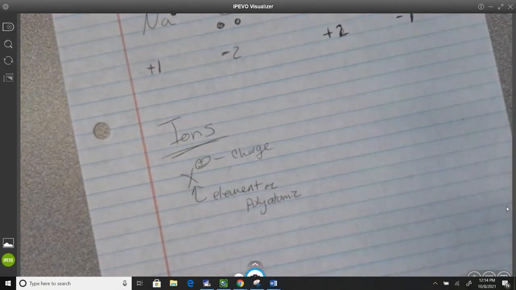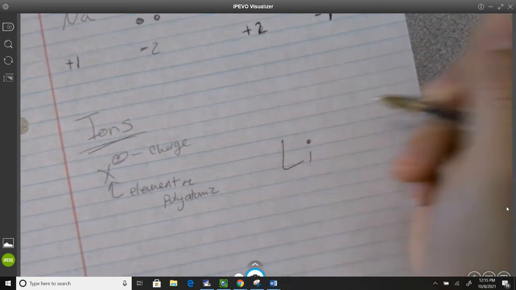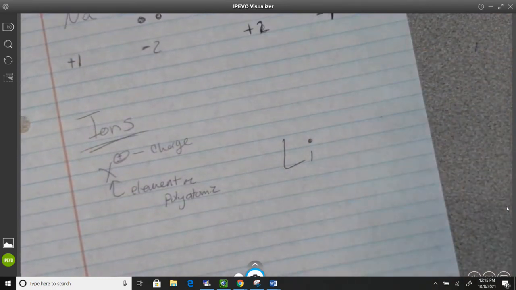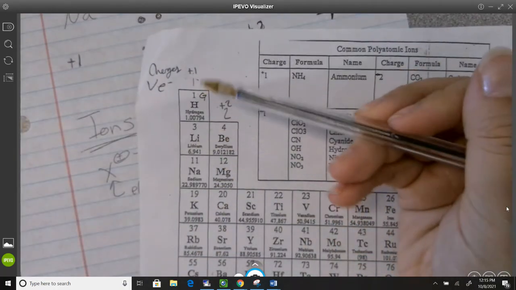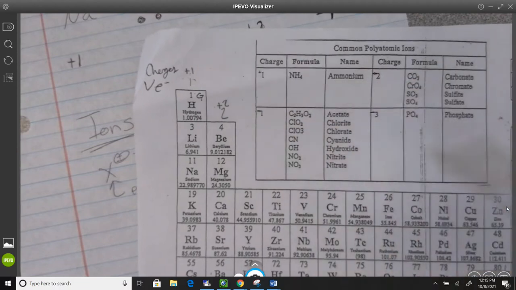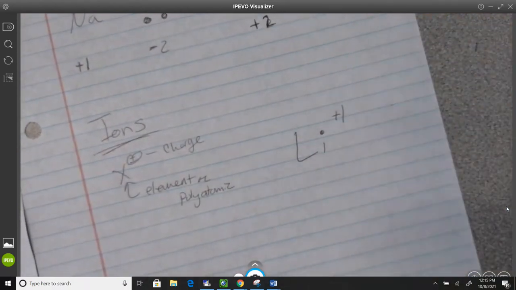So if I'm looking at lithium, and I'm telling you to write out your lithium ion, I would be able to look at my periodic table. Lithium is in the first family. Charge is +1. So my ion would be Li +1.